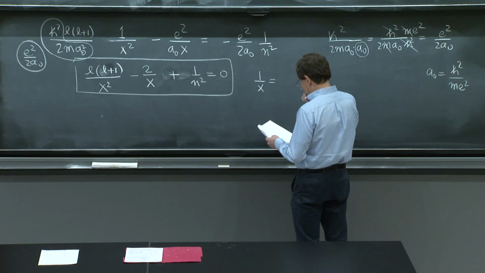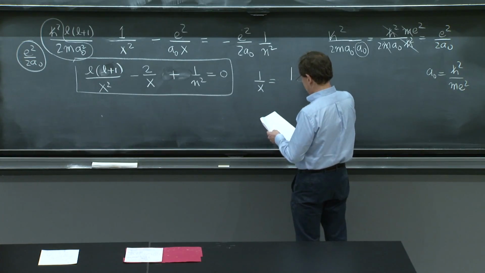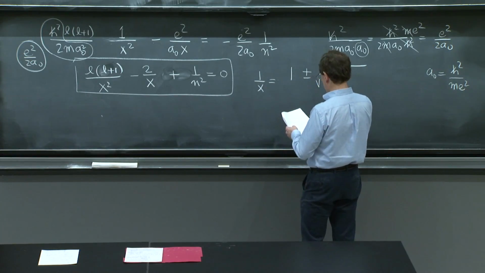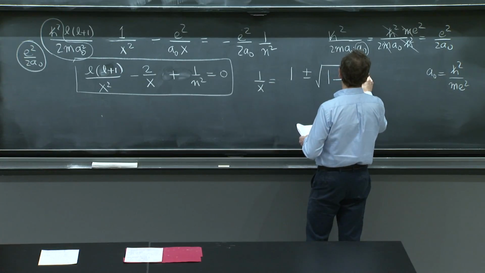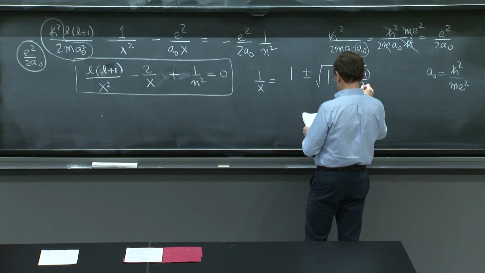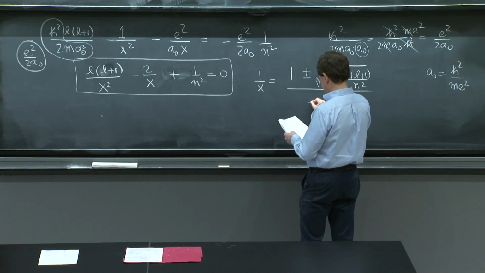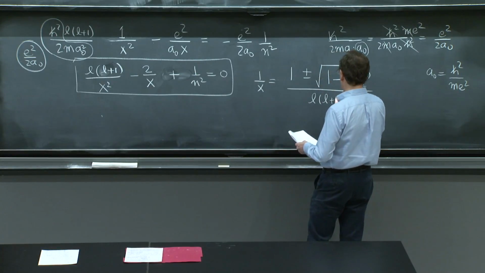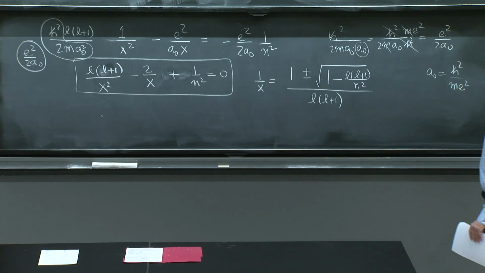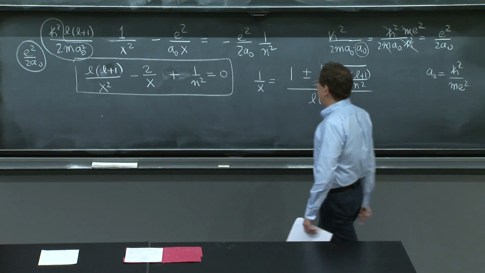I'll write it here. 1 plus minus square root of 1 minus L(L+1) over n squared, divided by L(L+1). That's just from the quadratic formula.